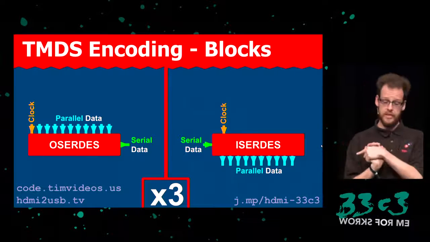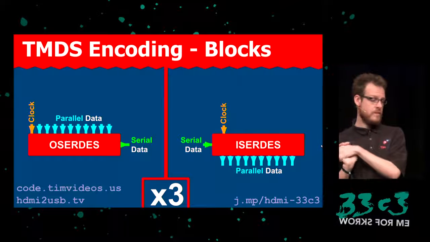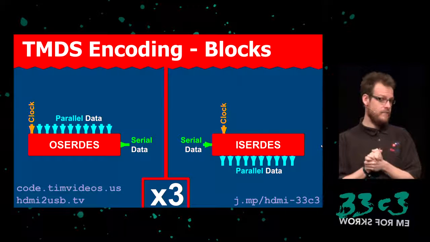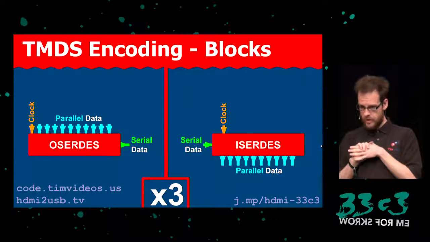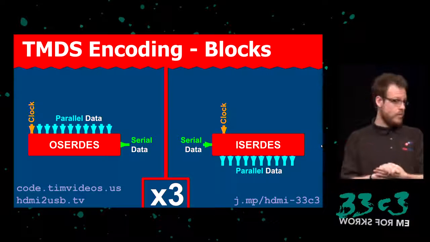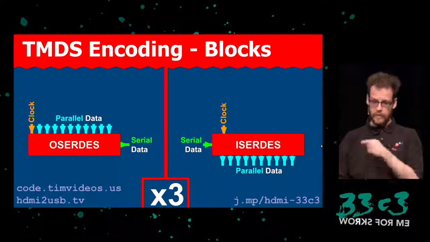Mike Hamsterfield has really good documentation on how to use these in the Spartan 6. These are also unique to your FPGA, so different FPGAs are going to have different control schemes. But if you're using a Spartan 6, then go and look at what Mike Hamsterfield is doing for configuring these.